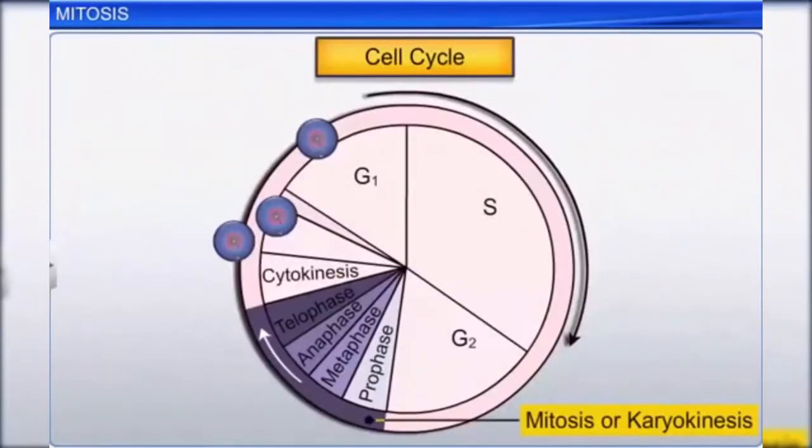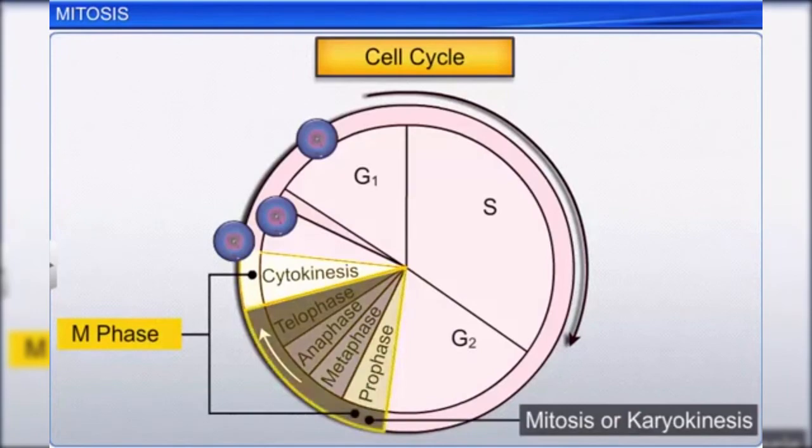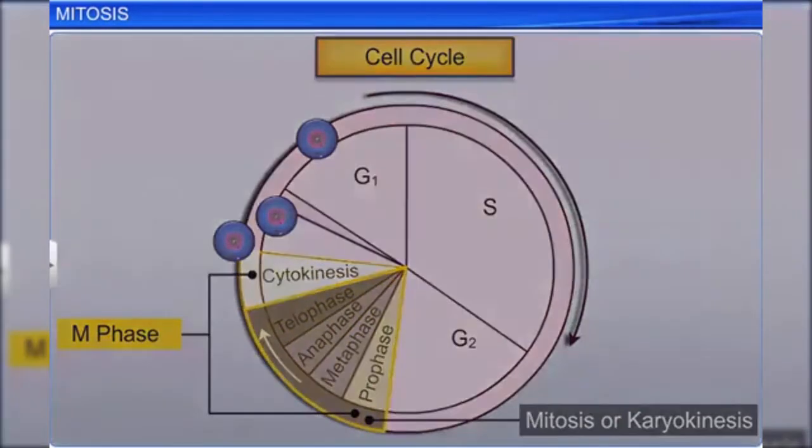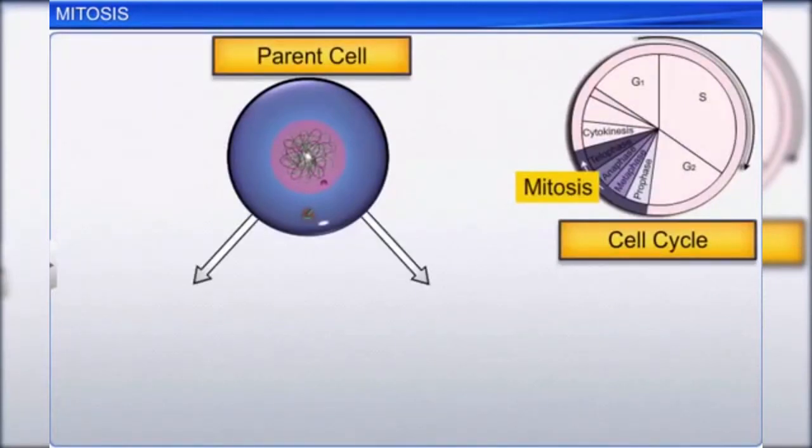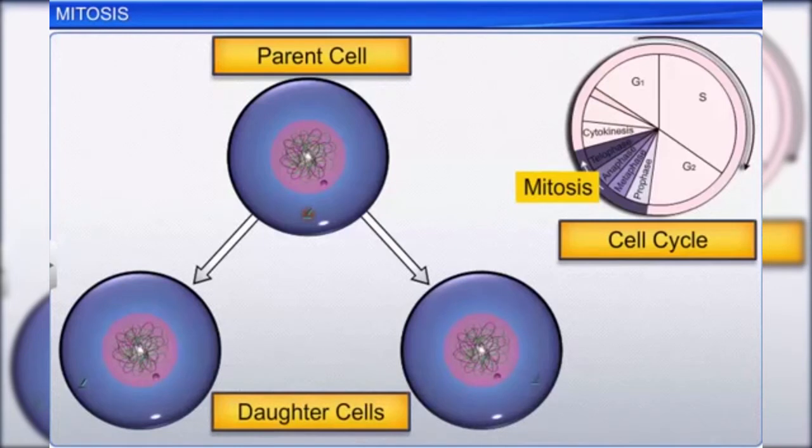Mitosis or karyokinesis, along with cytokinesis, defines the M phase or the mitosis phase of the cell cycle. During mitosis, the parent cell divides into two daughter cells, which are not only identical to each other, but also to the parent cell.